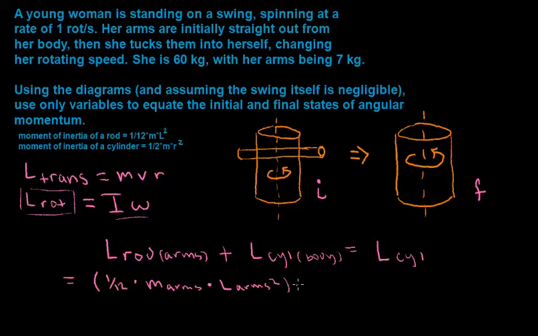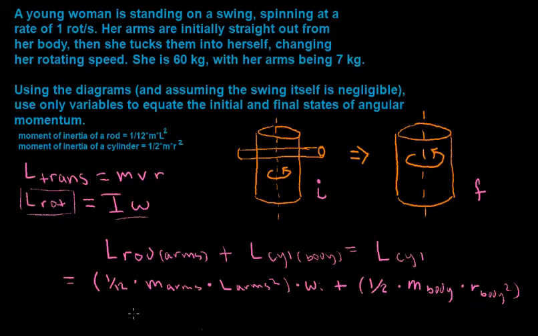And then this is times the initial angular velocity, and then we're going to add the angular momentum of the body in the initial state, which would be the moment of inertia of a cylinder, 1/2 times the mass of her body without her arms, and that'll be important later, because her arms are being counted as a separate angular momentum. But this is times the radius of her body squared.